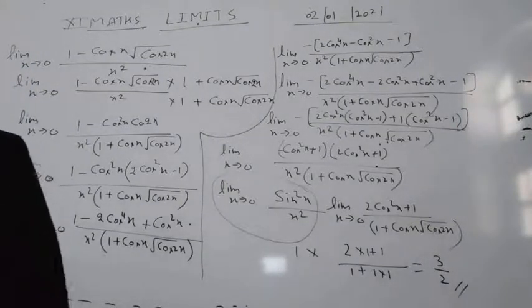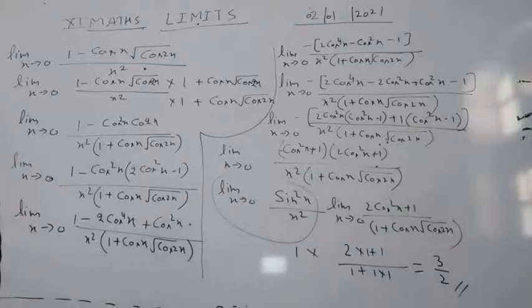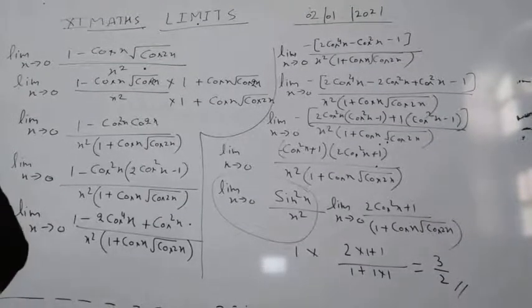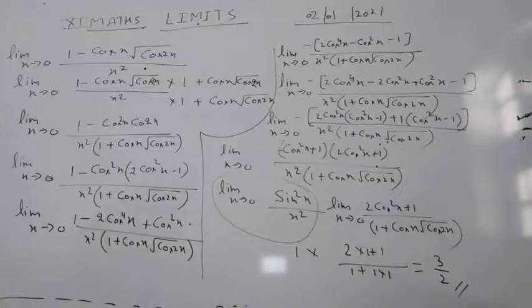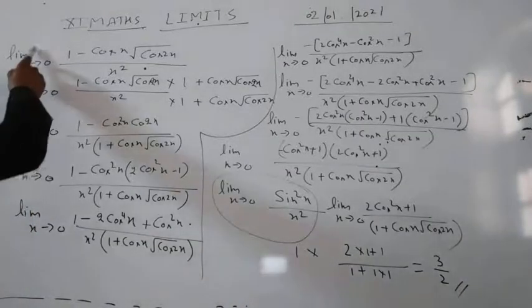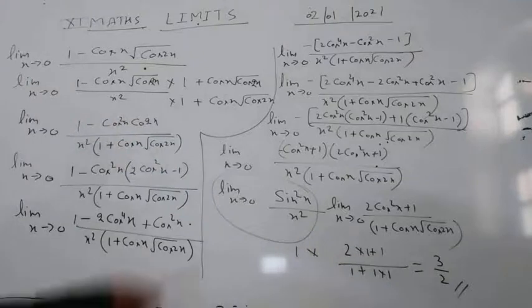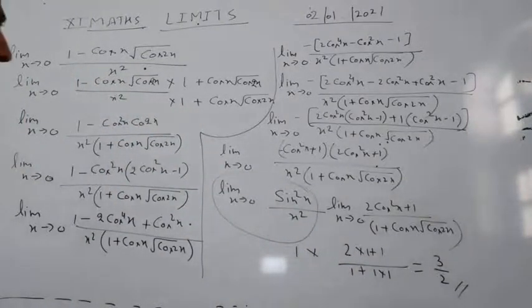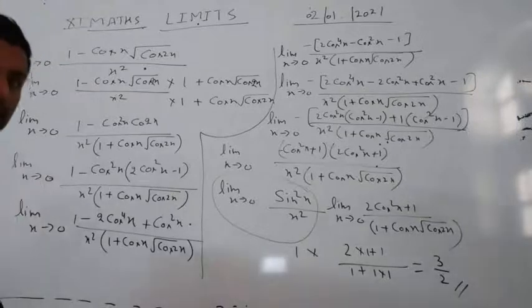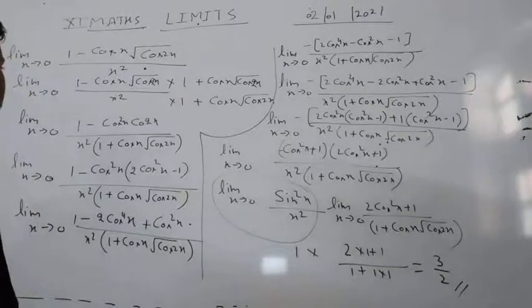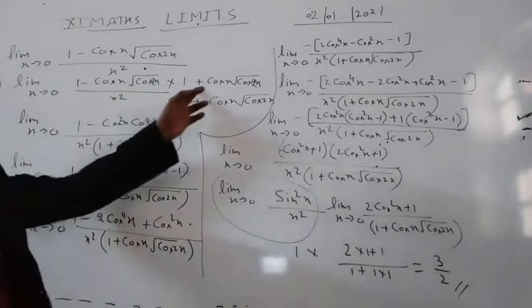Let's see once again what we have done in this question. So this is limit x tends to 0 of (1 minus cos x under root cos 2x) by x square. This is our question. So first of all we have rationalized it.